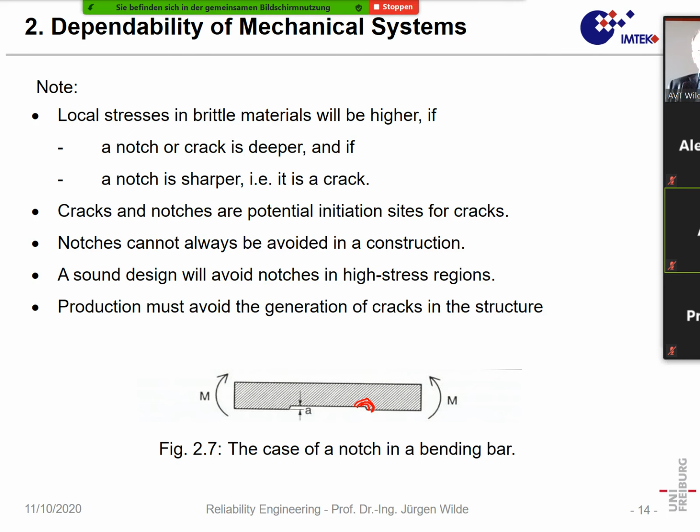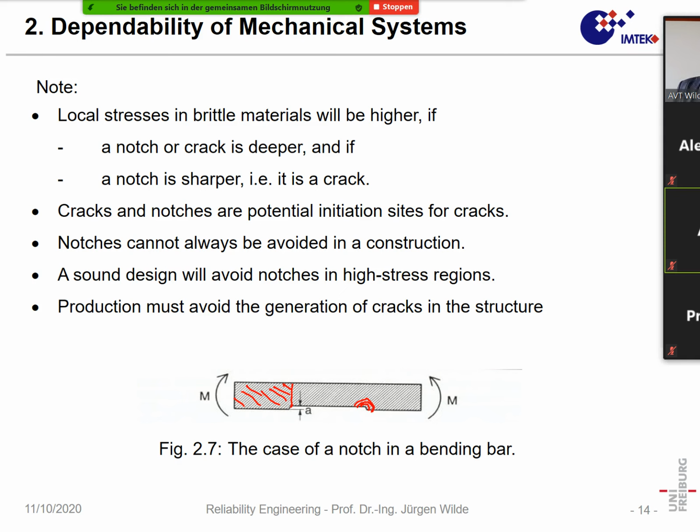That means if either the shape is not uniform, or if we have a transition of material, for instance, that would mean something like that. Here we would have another material. Also, such transition can lead to stress concentrations.